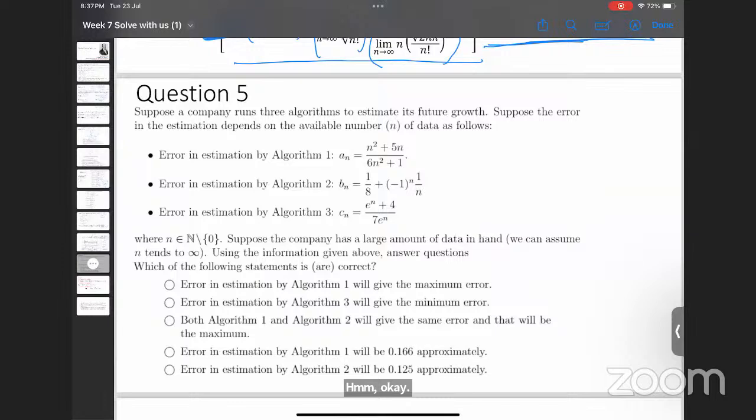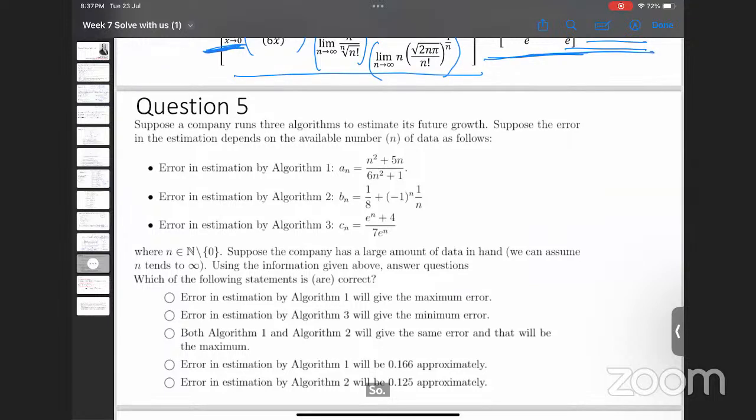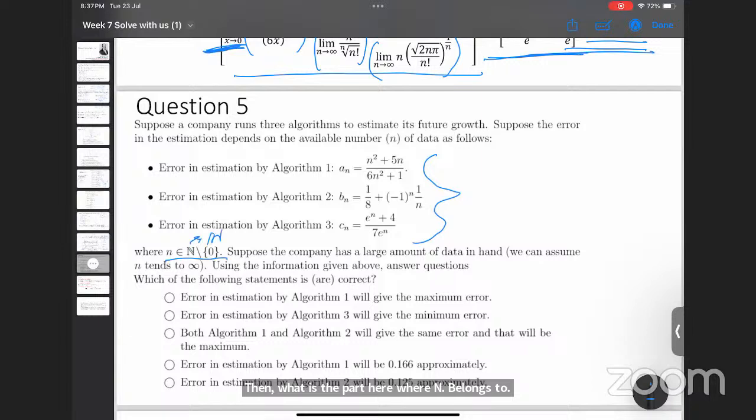Okay. So what we have to do here, we have three algorithms given. Then what is the part here where n belongs to N minus 0? Here they took basically n as n naught, so that is why n belongs to N minus 0.